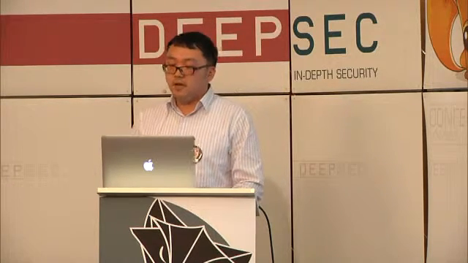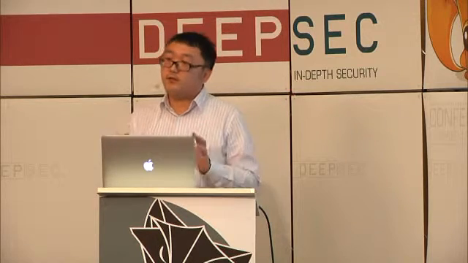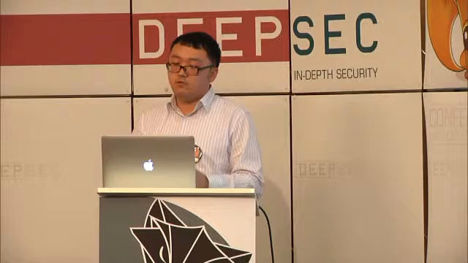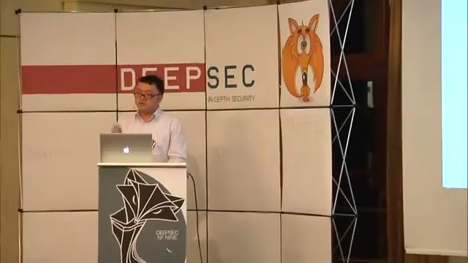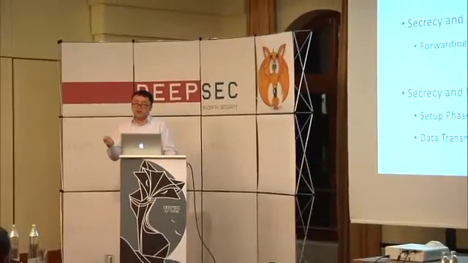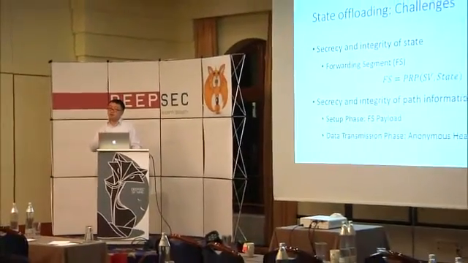So in HORNET, the state is protected by a pseudo-random permutation keyed with a local secret value SV of each router. The secret value SV is shared among all the circuits traversing that router, so it's not a per-circuit state. And since this secret value SV is local and only known to that router, the state is only accessible by that router.